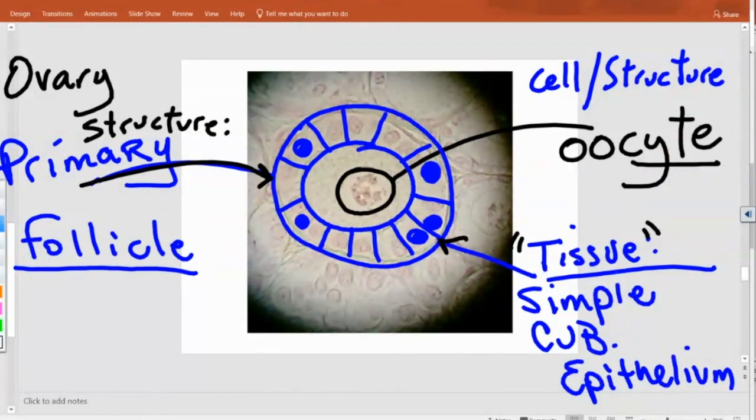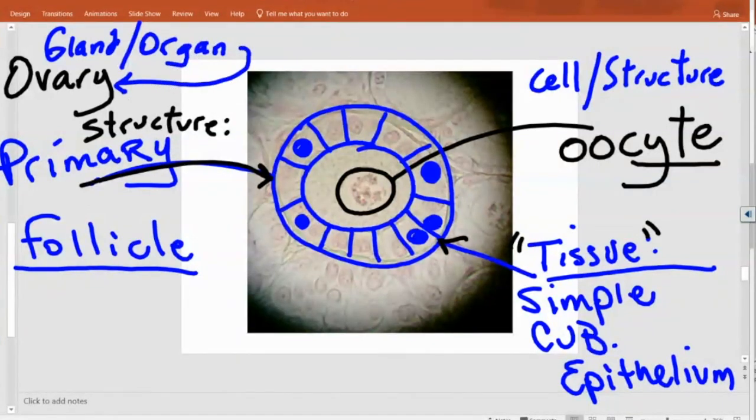What if your question says gland or organ? Ovary. Watch this. We'll take more knowledge that you have hiding in you. What if it says name a hormone produced here? Go to your handout, or maybe you know.